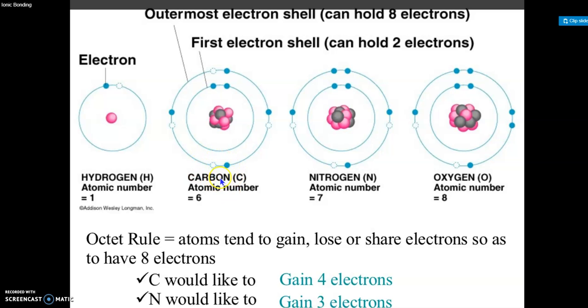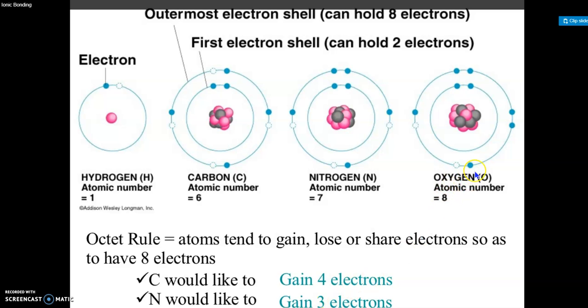In the carbon atom, for the completion of the octet, 4 electrons are required. That is, to attain the octet, carbon must gain 4 electrons to have 8 electrons in the valence shell. Nitrogen already has 5 electrons in the valence shell, so it prefers to gain 3 electrons to get an octet.